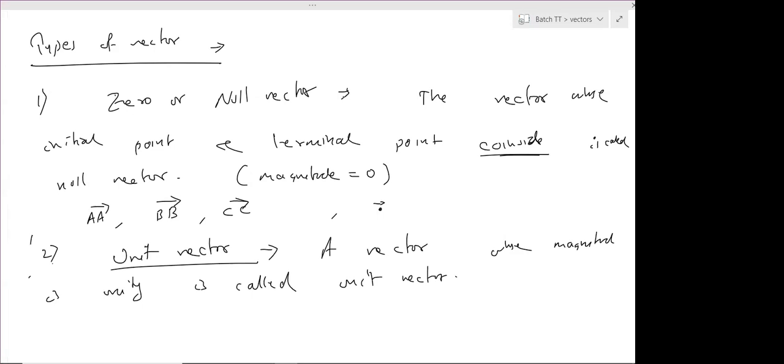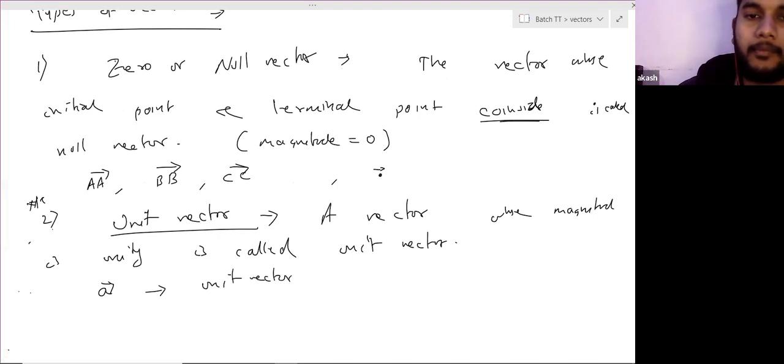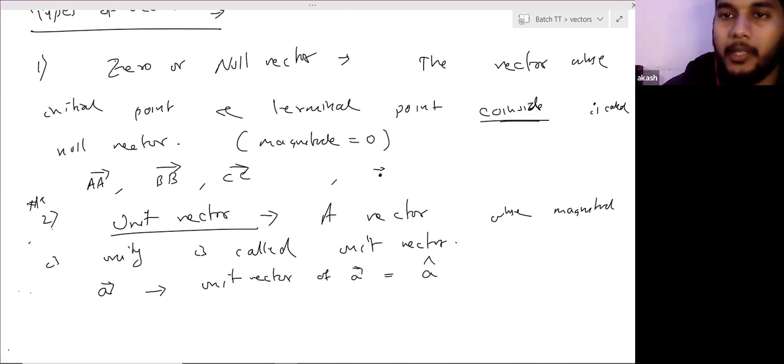This is very, very, very important. You are going to need the unit vector in this chapter and in the next chapter also. Unit vector is represented by, suppose there is a vector A vector, then the unit vector of A will be represented by A cap. If they have given A cap, I cap, B cap, J cap, then you have to understand by default that that is a unit vector. And how to find a unit vector? A cap you can find as A vector upon magnitude of A.